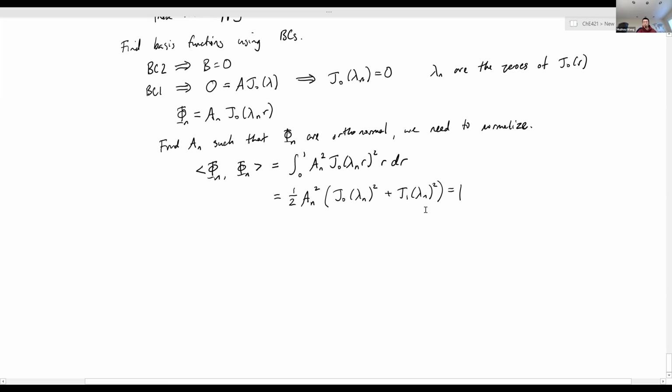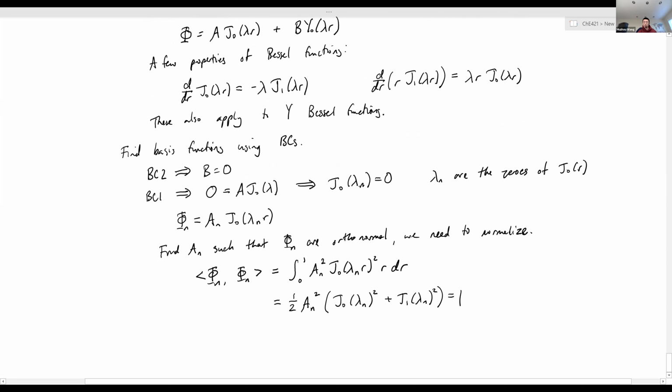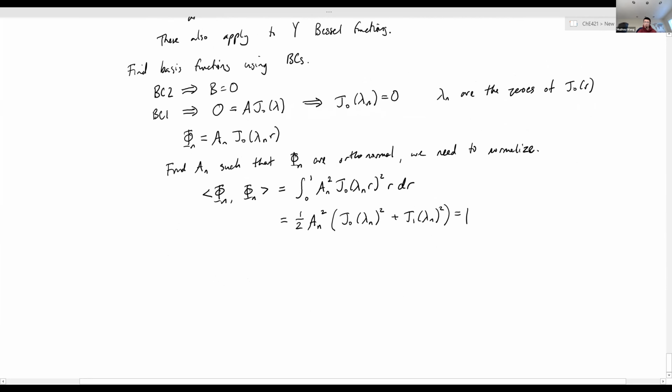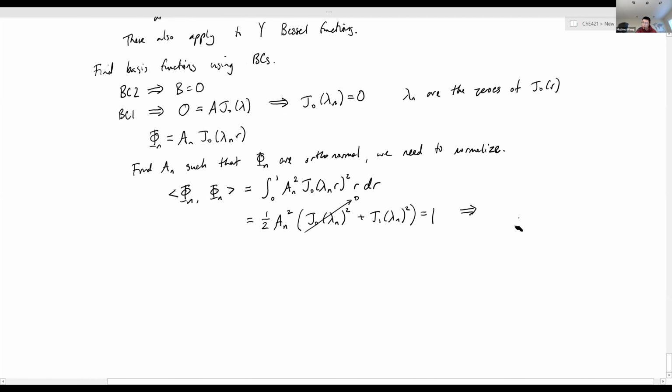You should be able to figure this out using integration by parts and properties like the one up here. This allows us to simplify. This term actually goes down to 0, because J0 of lambda n is equal to 0, since lambda n are the zeros of the Bessel function. And so this implies that the A sub n's look like this.